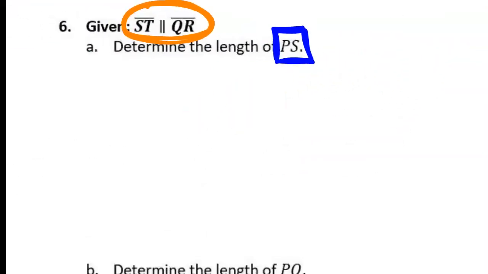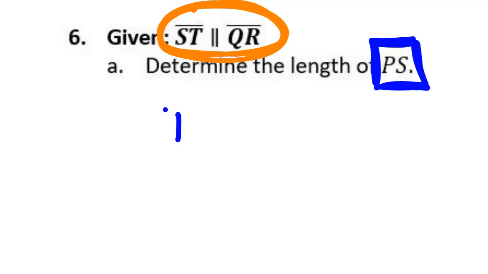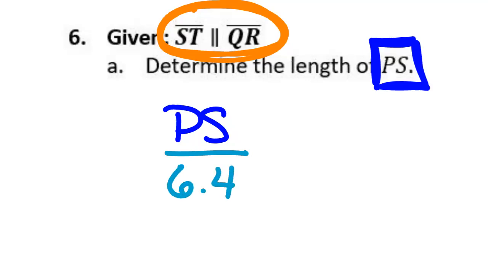So my fractions, I don't know how big PS is, but that would be the numerator of one fraction. PS over, nope. Yep, PS or X over 6.4 equals 12 over 8.2.